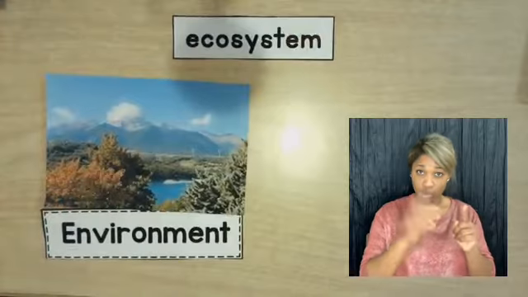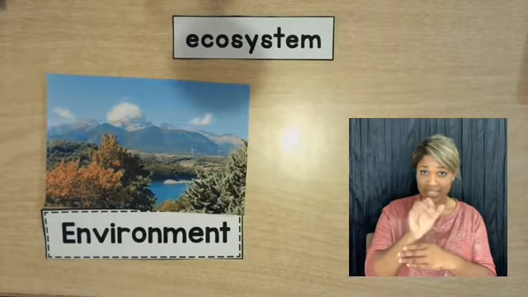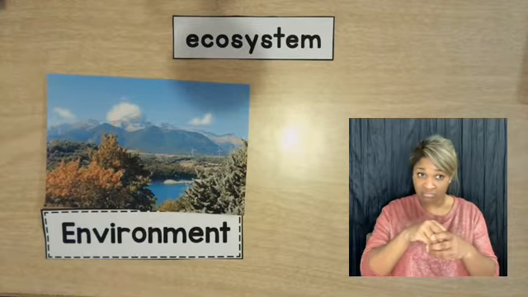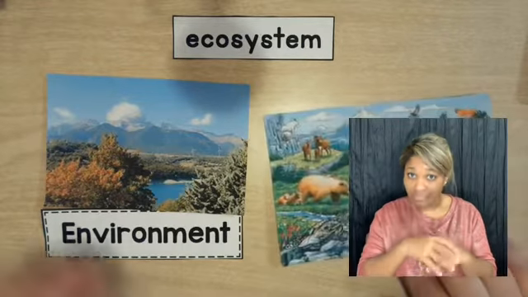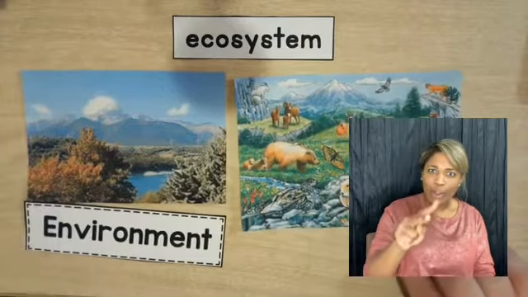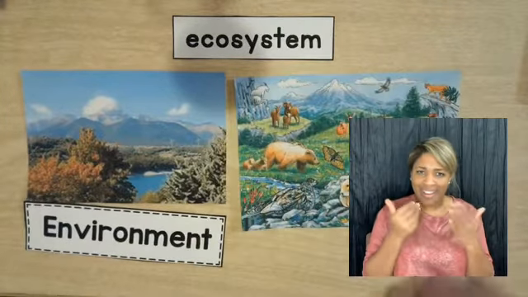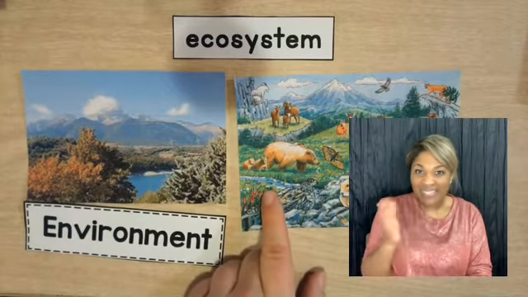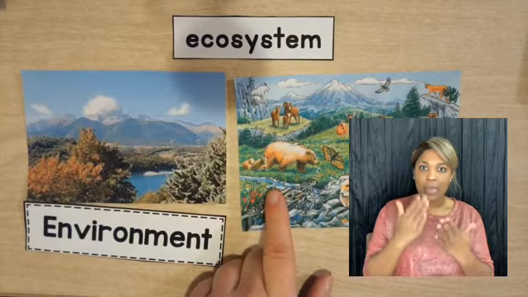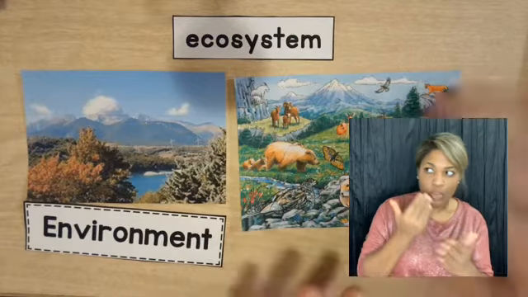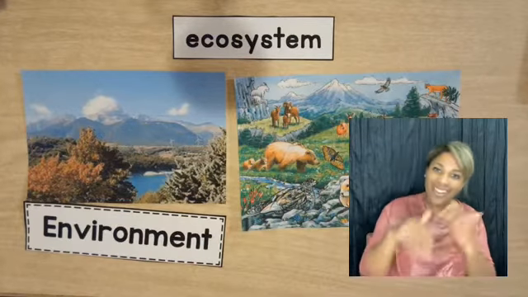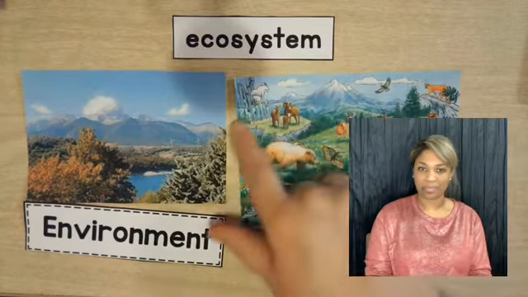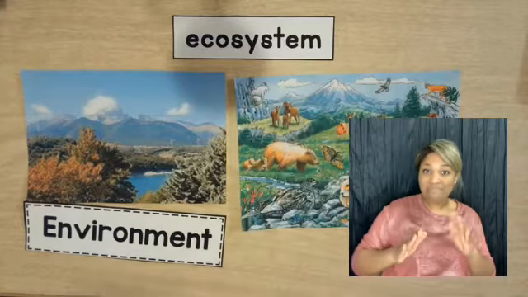Do you think that there are ecosystems, living and non-living things interacting in the environment, in the mountains? Yes. Look at all of these animals, and they're next to the water. Maybe the bears are going to eat some fish out of the water. Maybe the fish will eat worms before the bear gets them. All of these things are interacting in the environment. And so, yes, in the mountains, we can find ecosystems.